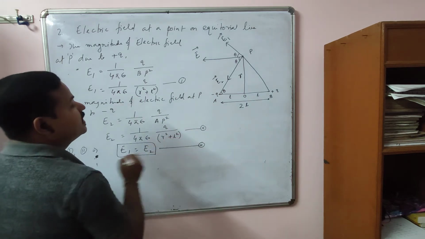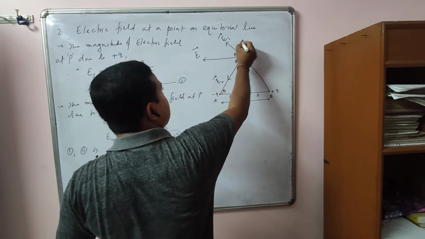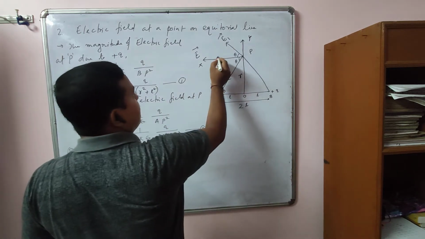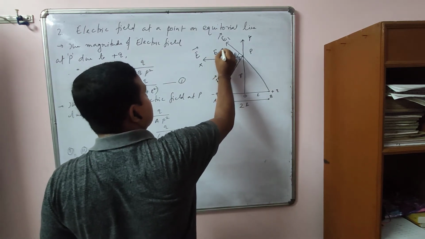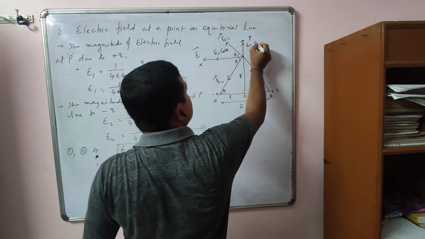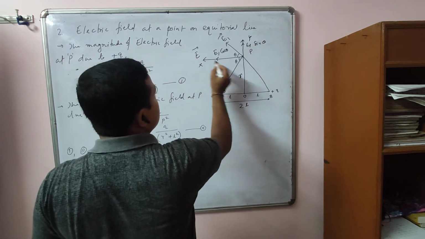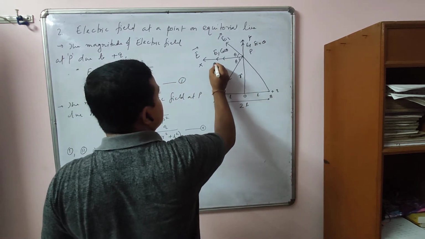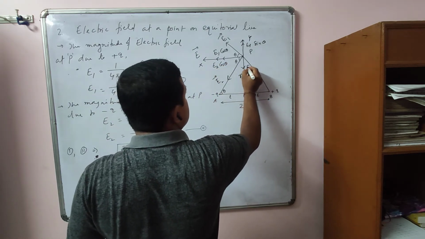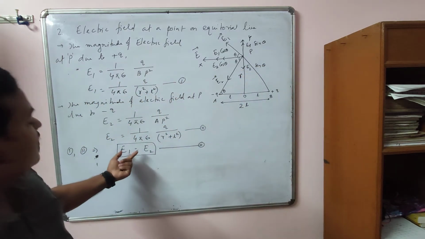Now if we take components, suppose this is the x-axis and this is the y-axis. E1 has two components: along this it is E1 cos theta, and along this it is E1 sin theta. Similarly, for E2 it is E2 cos theta and E2 sin theta.